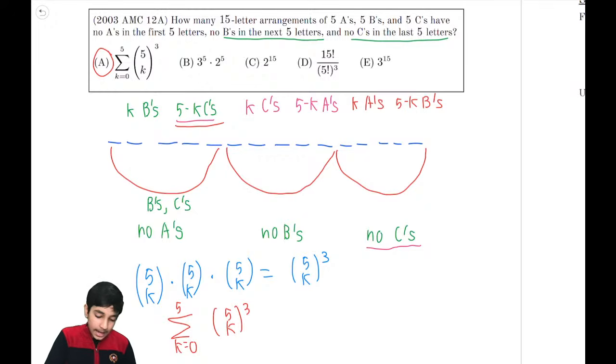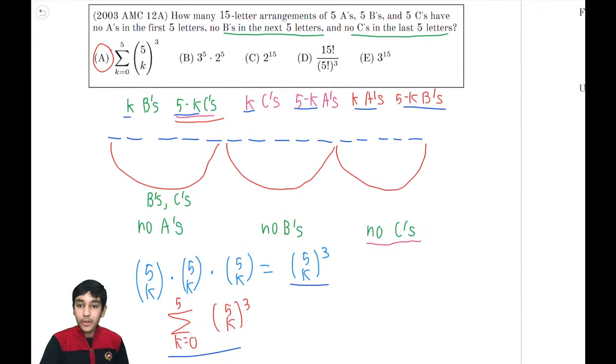So we can assume there's K and 5 minus K here. And then there's going to be K C's in this next section, 5 minus K A's in this next section, K A's in this next section, and 5 minus K B's in this next section. So overall, we just have 5 choose K cubed, and we sum them all. So yeah, definitely a very nice solution. Another way, which would take a long time, is just brute forcing it.